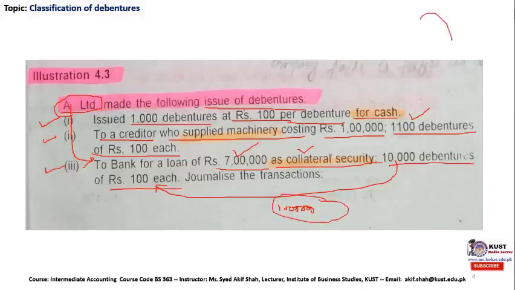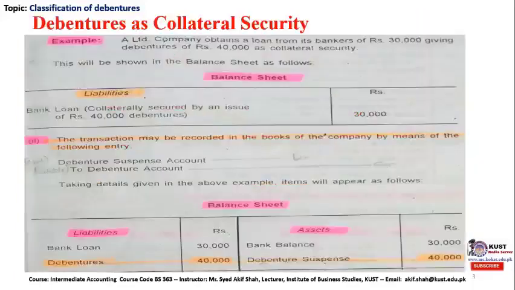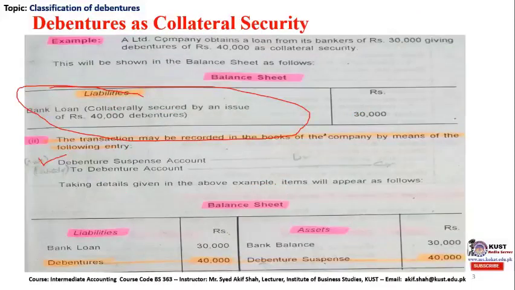Since these debentures have been issued as collateral security, we need not make any entry, and can simply note it in the balance sheet, as we have previously mentioned in this case. However, we can also make an accounting entry and then subsequently reflect it in our balance sheet.